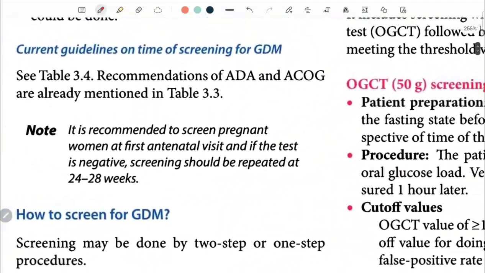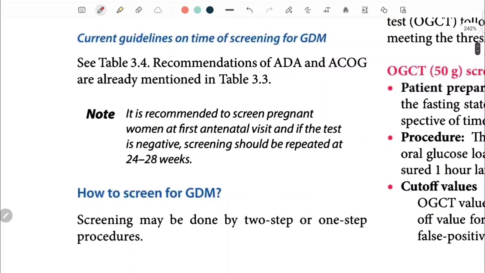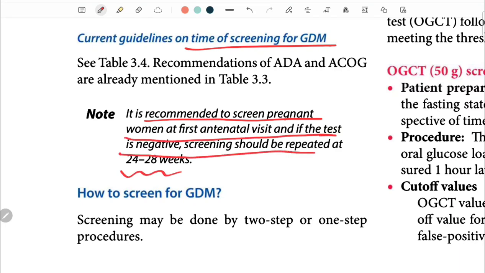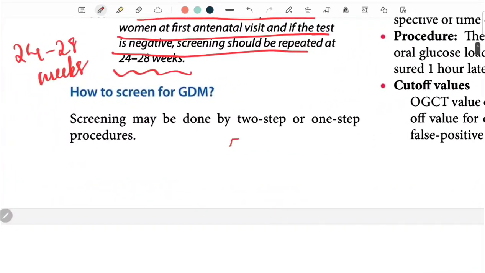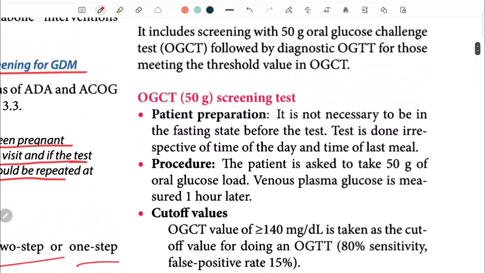So the current guidelines on the time of screening for GDM: it is recommended to screen pregnant women at the first antenatal visit, and if the test is negative, the screening should be repeated at 24 to 28 weeks. How to screen? Screening may be done by a two-step or a one-step procedure.